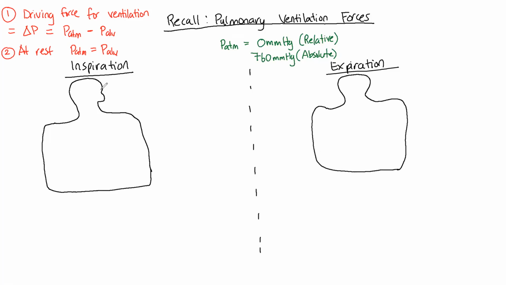Okay, so we have air coming in through the nasal cavity, through the oral cavity, communicating all the way down to the lungs. We've got our right lung, and then our left lung here. Right, same thing over here.